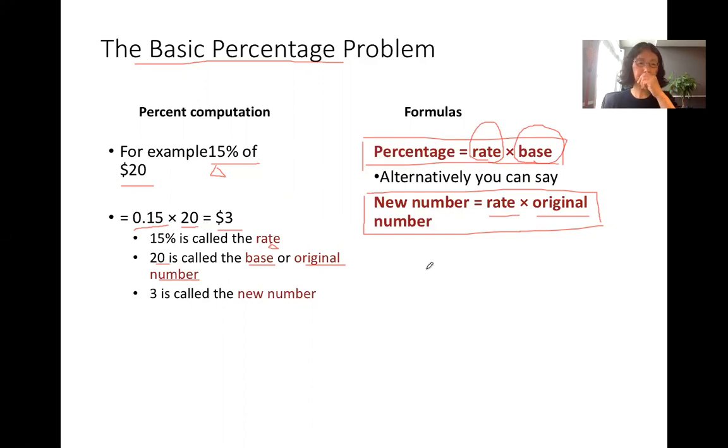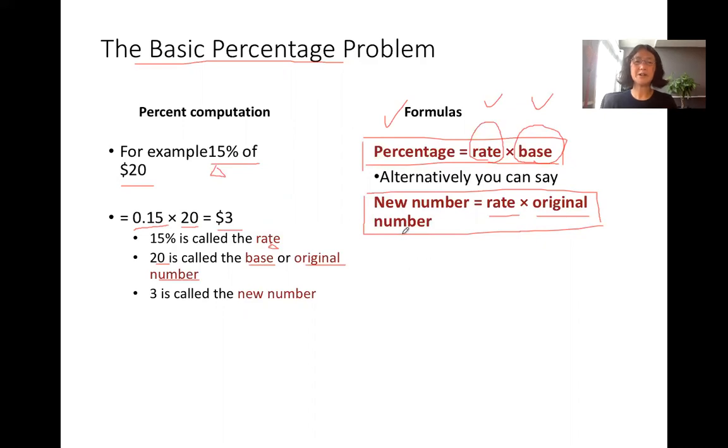Okay. So this is a basic percentage problem. In this formula, you have three items: percent, rate, and base. Of these three items, if you are given two, you will be able to figure out the other item.